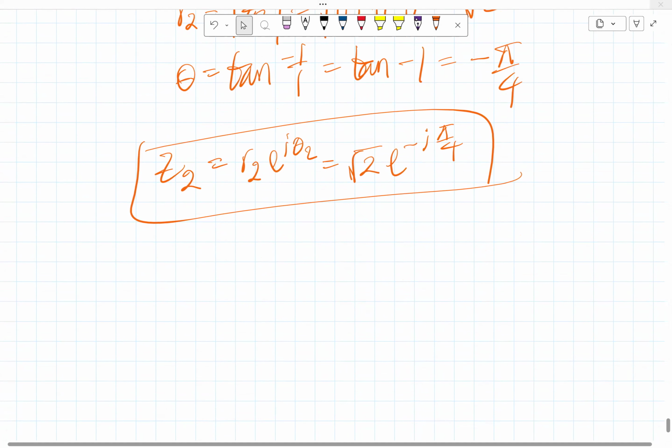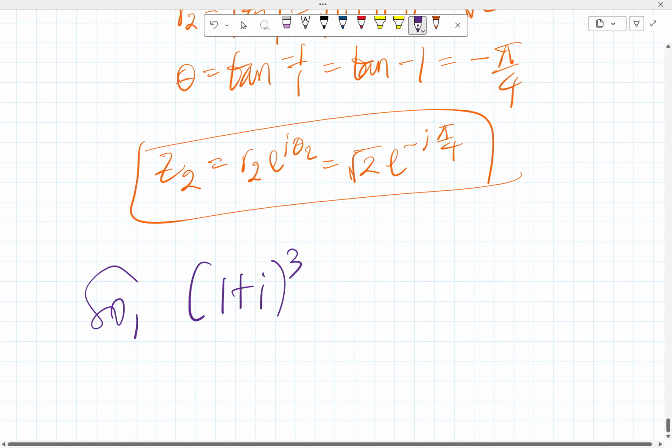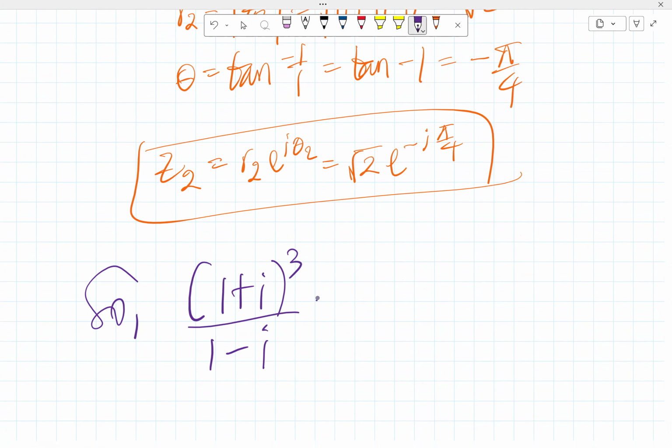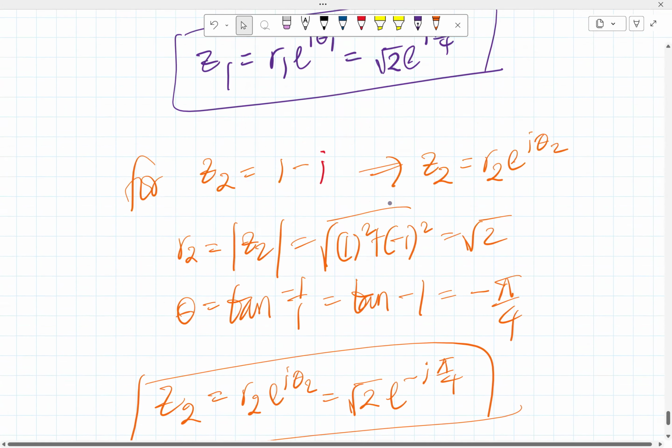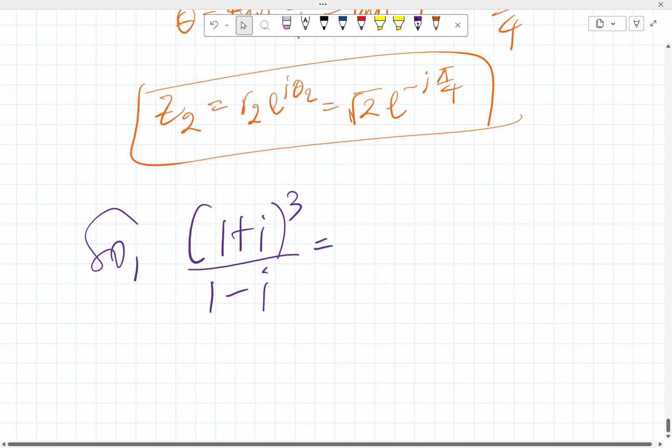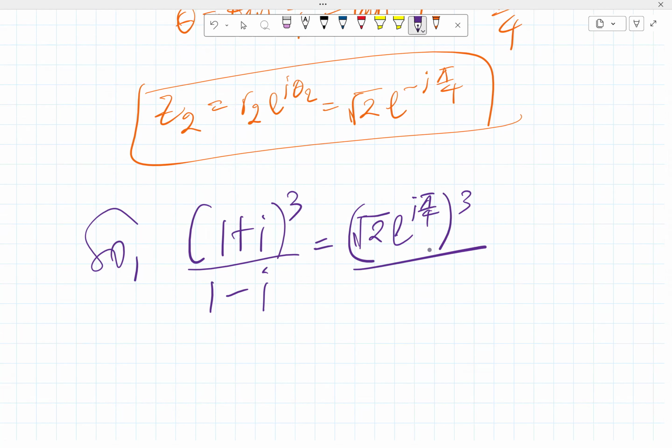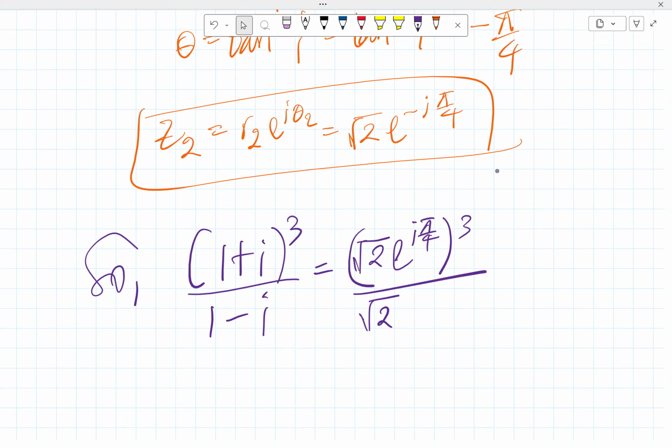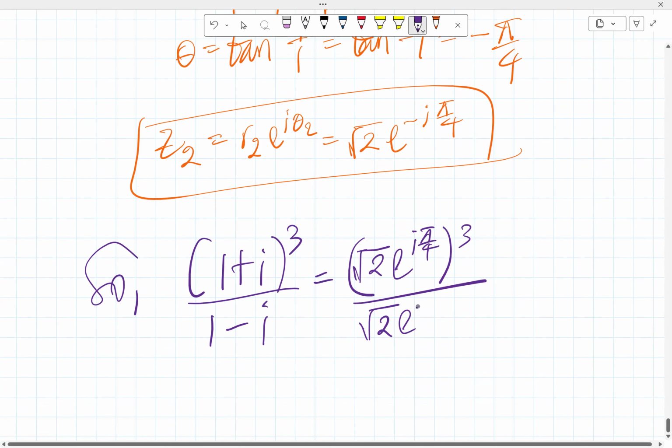So what do we finally have? We can go ahead and say 1 plus i raised to the power 3 all over 1 minus i is the same thing as root 2 e raised to the power i pi over 4, raised to the power 3, all over root 2 e raised to the power minus i pi over 4.